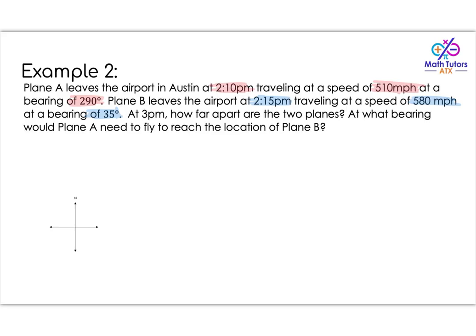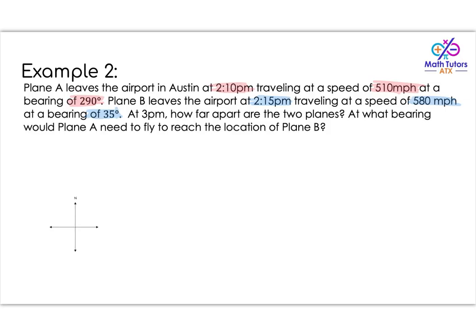So this is a little different because it's not like I'm adding these two planes together. These planes are traveling separate, both from the same position. So it's a little different with the way that we are going to draw these. Because then it says, hey, at 3 p.m., how far apart are the two planes? And at what bearing would plane A need to fly in order to reach B? So we're looking at a couple different things.